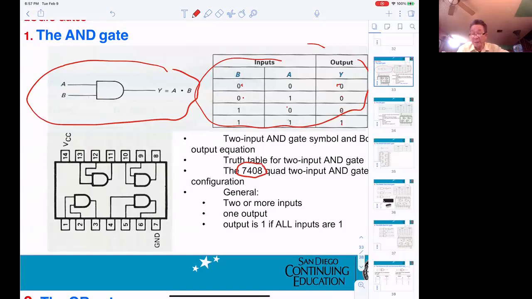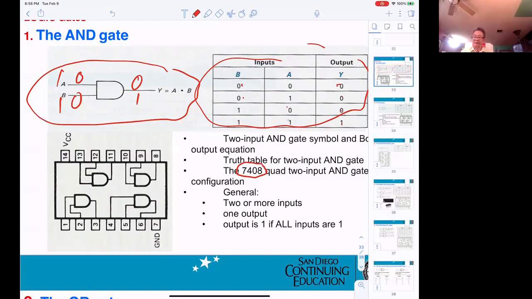If you want to know the output, you're looking into the input. Okay? If you get the input is 0 here, 0 here, then you get 0. Or if you get a 1 here, 1 here, you get a 1 here. How do I know? That's the thing that the truth table is telling me.